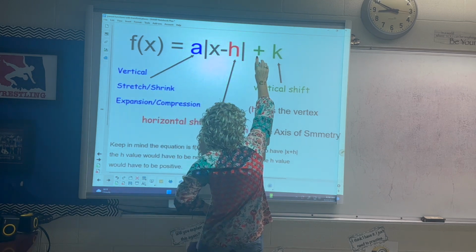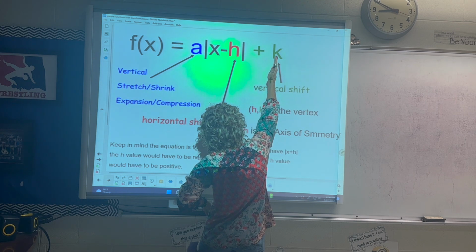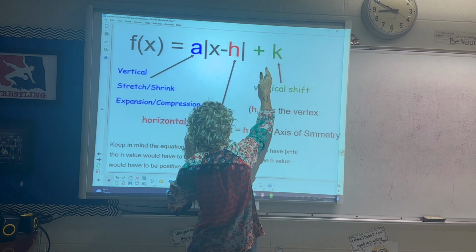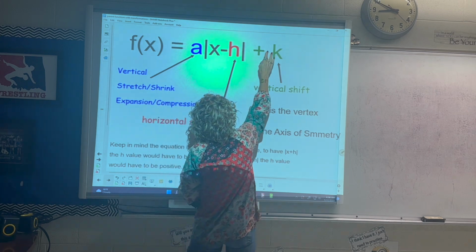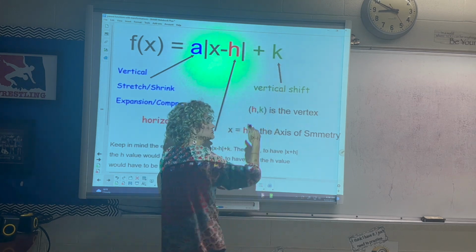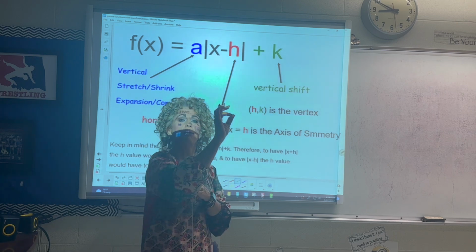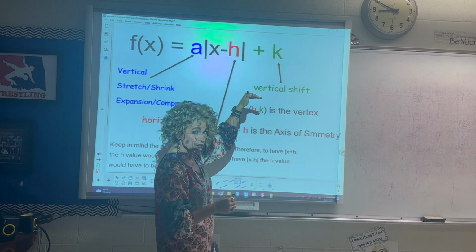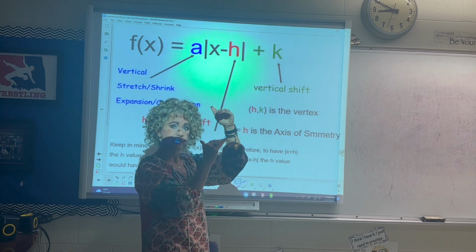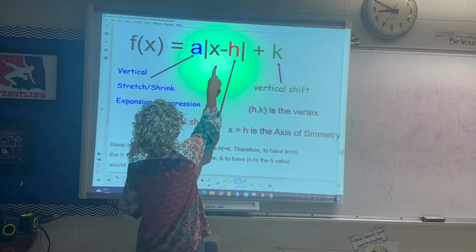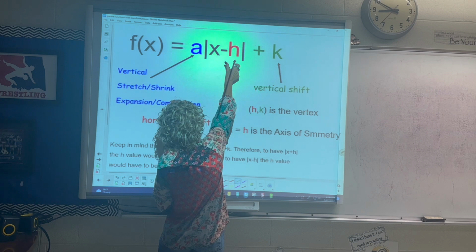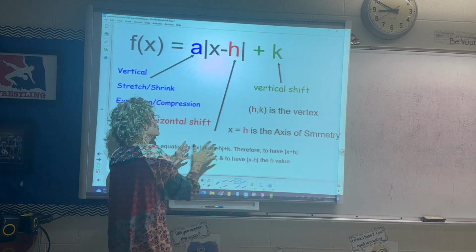Notice the sign and the variable are the same color. That means whatever this is, if it's a +1, then my absolute value shifted up 1 unit. If it's -1, then my absolute value shifted down 1. Notice that this is already a minus. H is simply on its own.